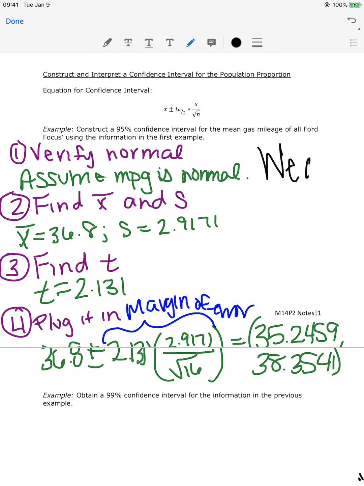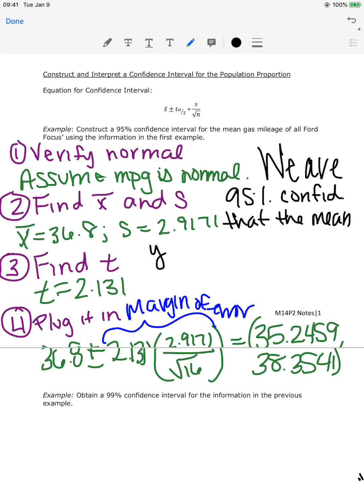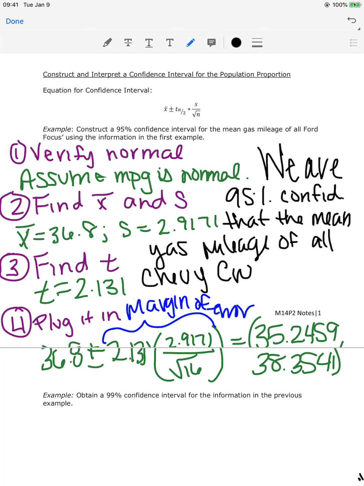So we are 95% confident that the mean gas mileage of all Chevy Cruzes is between 35.2459 and 38.3541 miles per gallon.